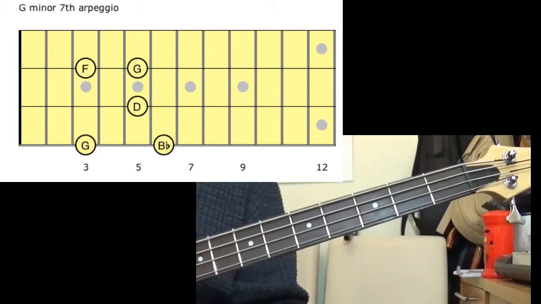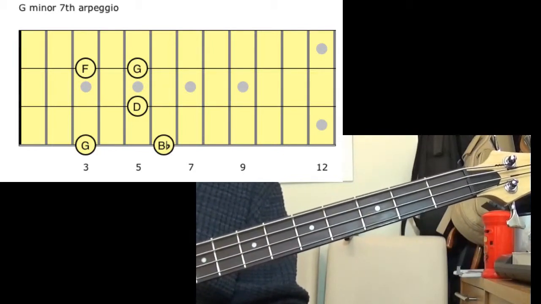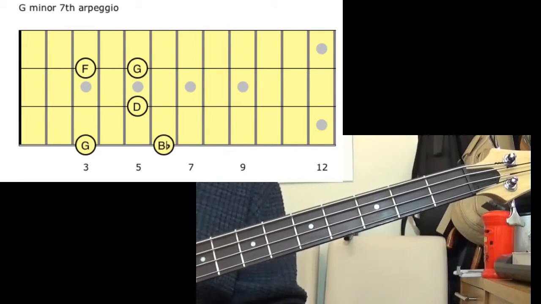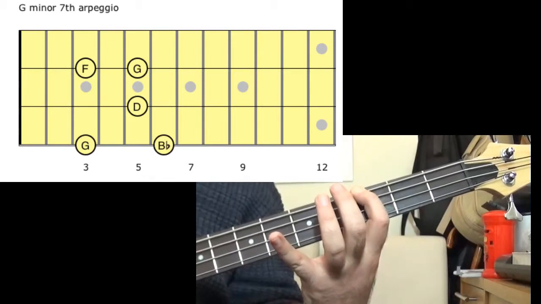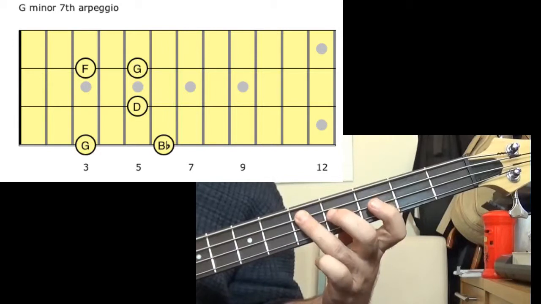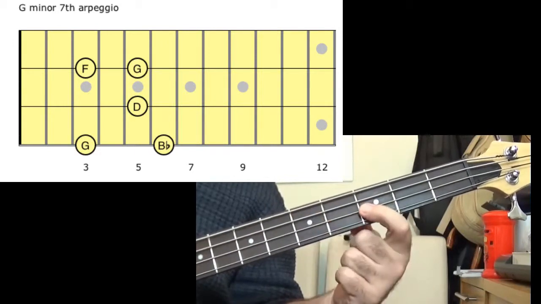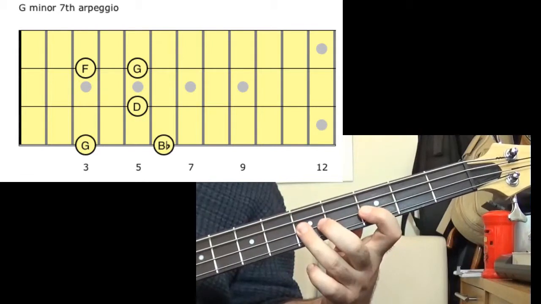So to make a minor 7th arpeggio, I need the 1st, flattened 3rd, 5th, flattened 7th, and then the octave for good measure. So I would have my G on the 3rd fret E string, my B flat on the 6th fret E string, my D on the 5th fret A string, my flattened 7th on the 3rd fret D string, and then my octave note.